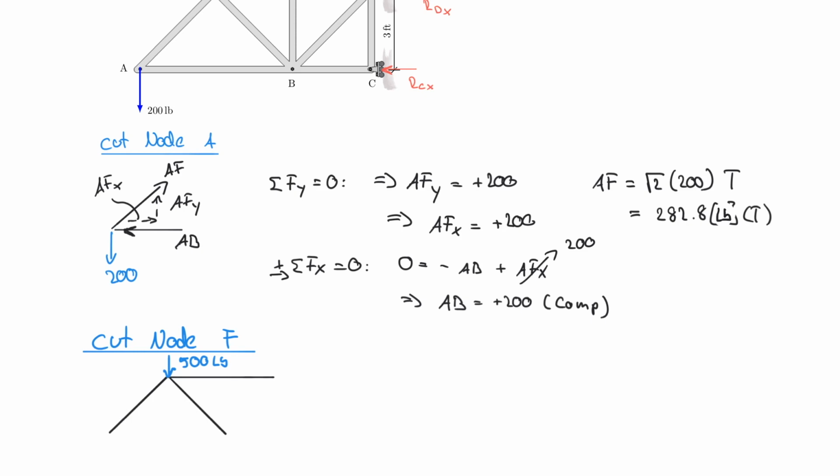I also remember that my AF, so this here is AF, was in tension if I'm not mistaken. So AF in tension means it's going downwards. And now I have to decide what I do. But to make my life easier, I'm going to put in my components. So I have these components.